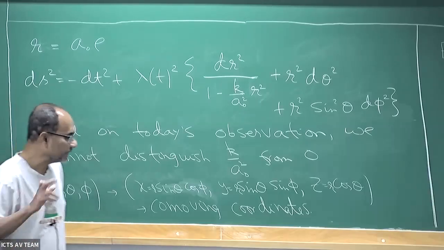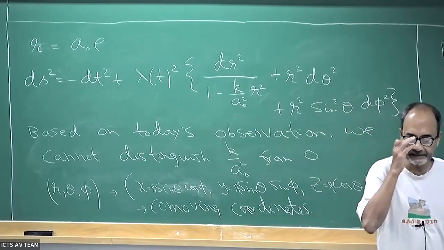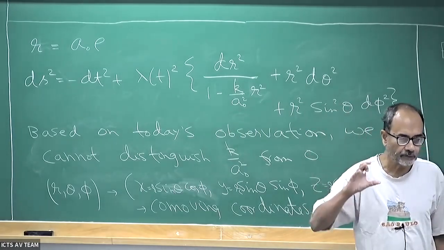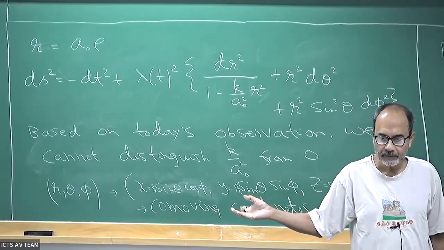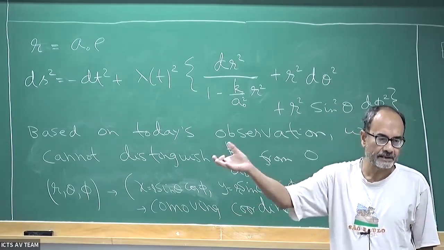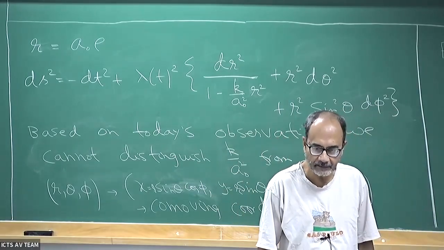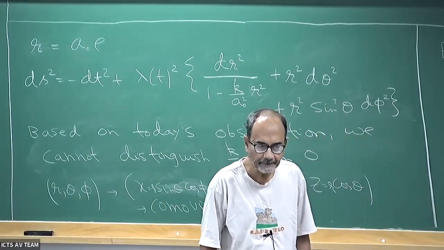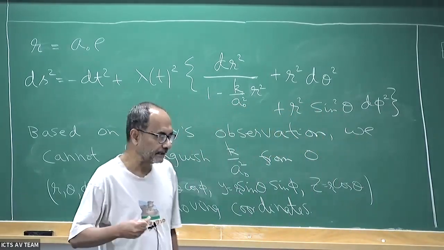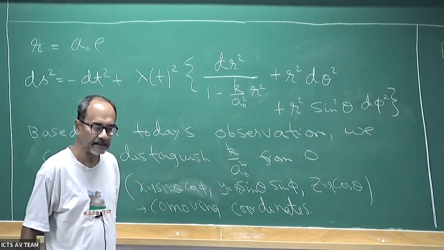One physical significance of these coordinates is that on the average, objects in the universe are at rest in these co-moving coordinates. Which means that if you take a particular star, it has some location, described by some space-time coordinate in the universe. And you can ask, as time changes, how do x, y, and z change for that star?